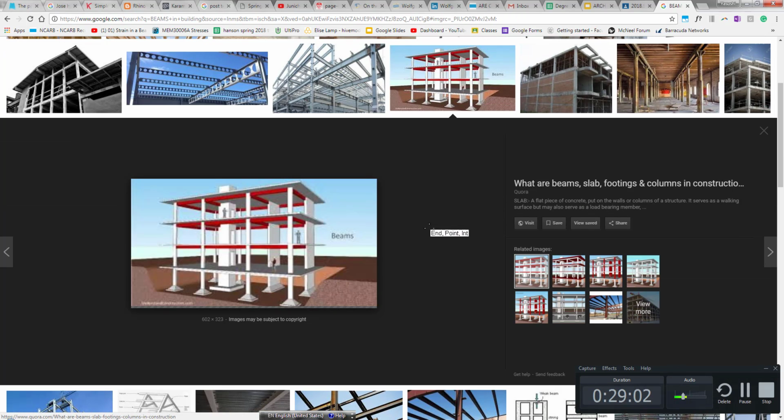So the red ones, these are the beams. You have the beams, you have the columns supporting the beam, and on top of the beam you have the floor, right? So the beam is always resisting the load from above. Typically it's a floor load, and it's being supported by these two vertical columns.